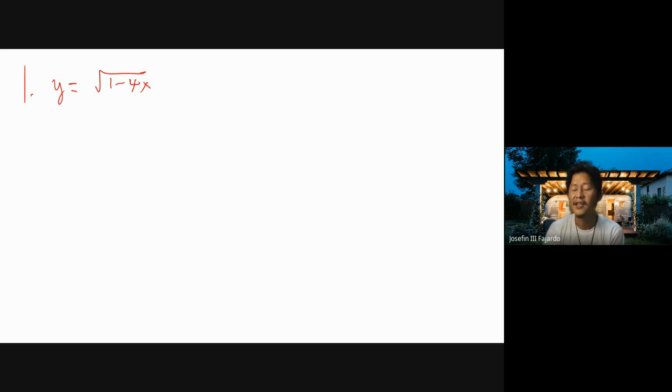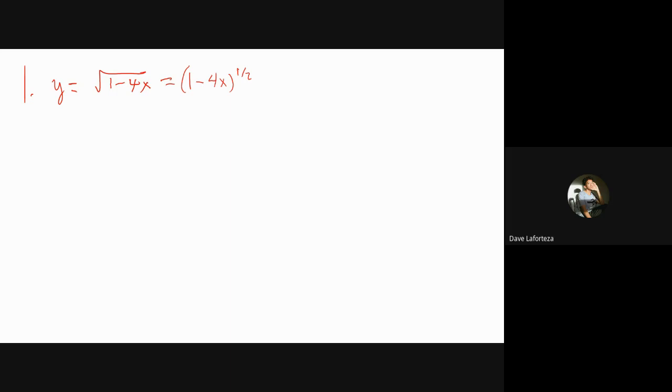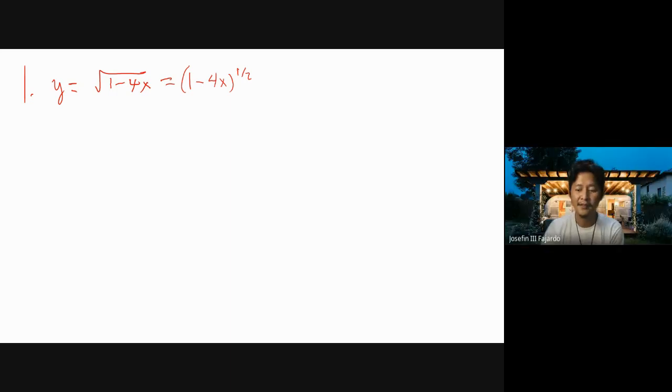Okay, so how do we get the derivative of this? So notice, yung ating function, pwede natin siyang isulat as an exponent form. We have 1 minus 4x raised to 1 half. Tama ba? Opo. Yes po, sir.